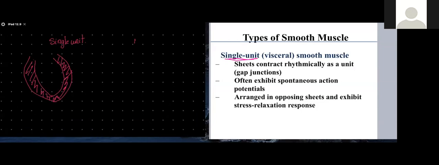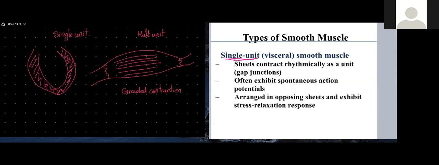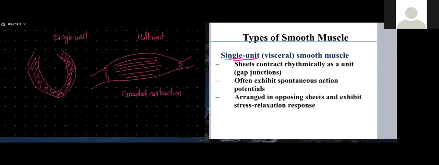Compared to multi-unit smooth muscle, it's going to be acting like a skeletal muscle. It doesn't have an all or none contraction, it has a graded contraction. What does this mean? Single unit behaves like the heart.